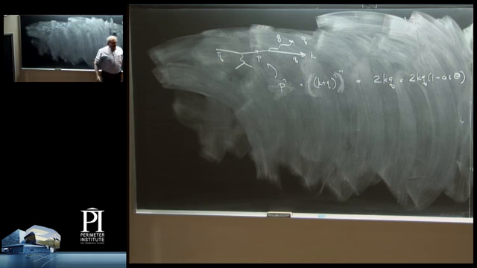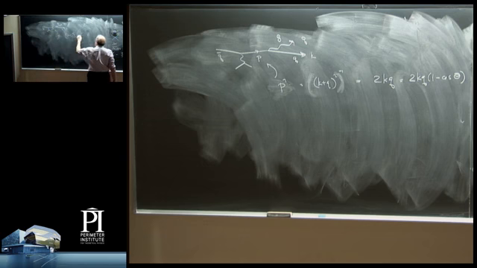Now this is a relevant limit for the following reason. If I think about the propagator on this line, it's 1 over p squared, which is 1 over (k plus q) squared. And I'm treating all these particles as massless.